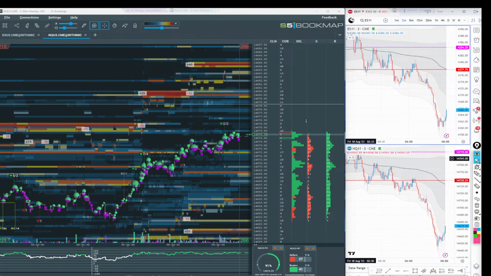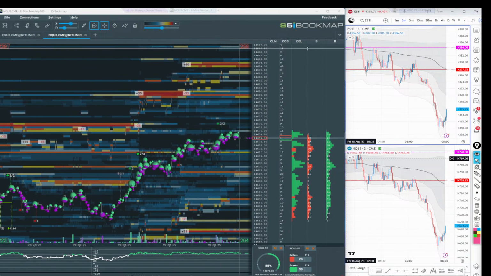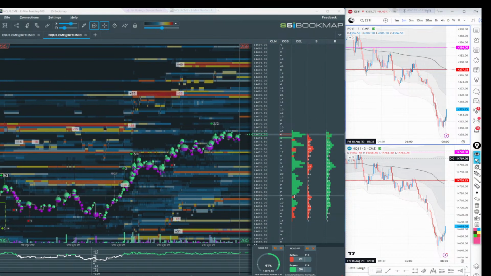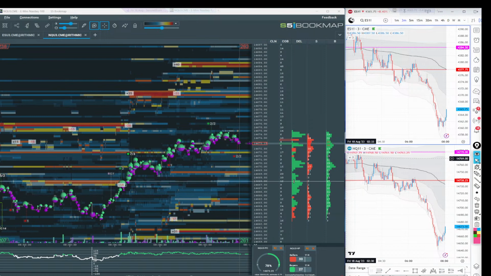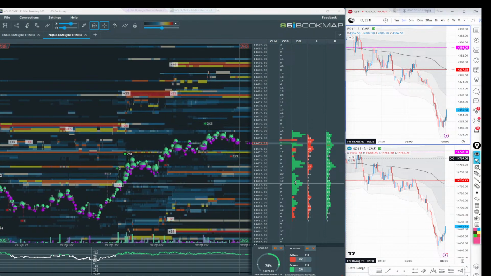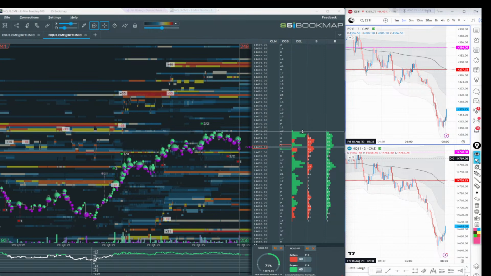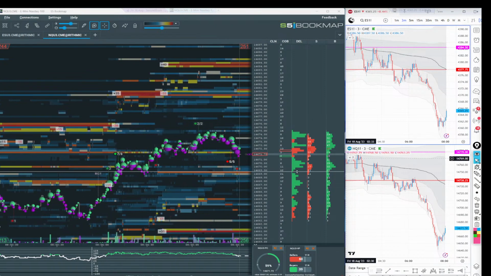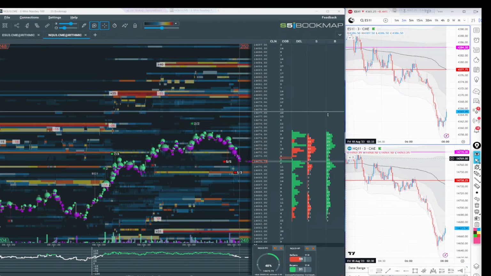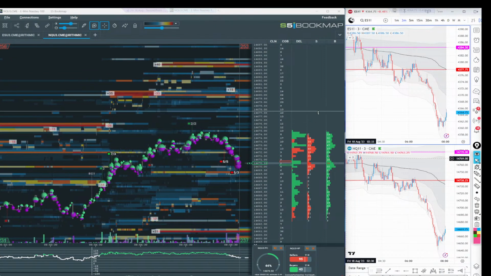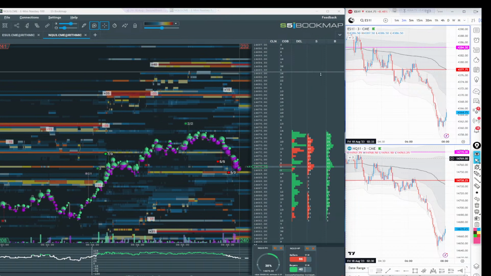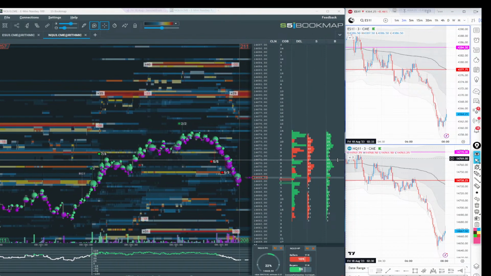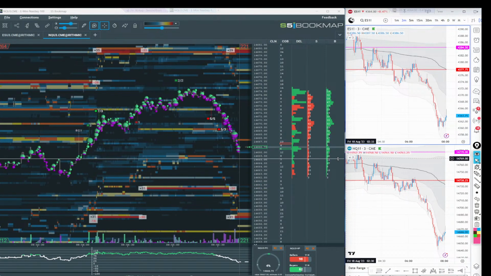For the delta, I've removed the numbers and widened the column so you can see potential trapped, overly aggressive, or just plain aggressive buyers and sellers quite clearly without having to read the numbers. For the volume profile of the sellers column and the buyers column, I've made both wider so that you can see the shape of the profiles as we look at them.